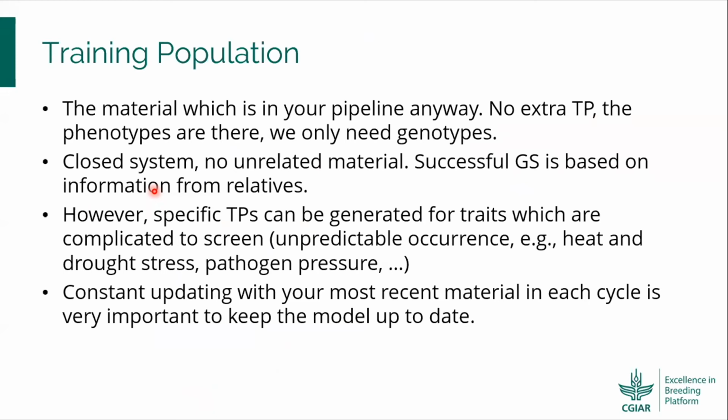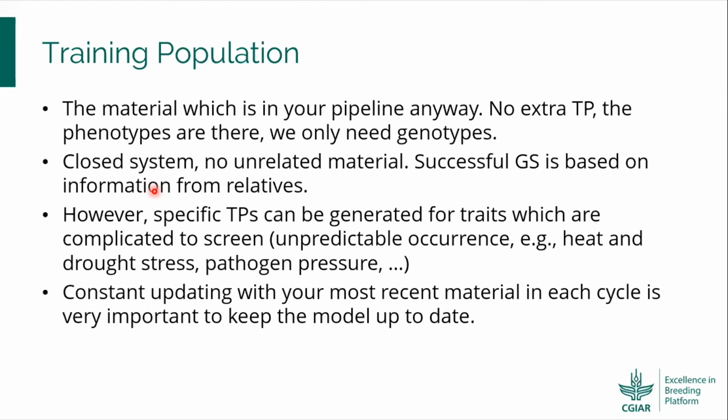Everything that your product development pipeline, stage 1, stage 2, stage 3, is producing, put it in the training. Phenotype those individuals, genotype those individuals. After a couple of years, maybe 3-4 years, you have enough data to start running the machine.